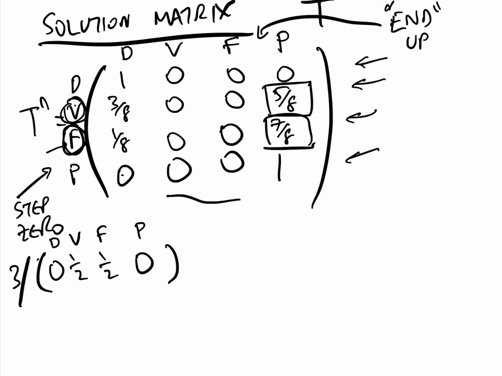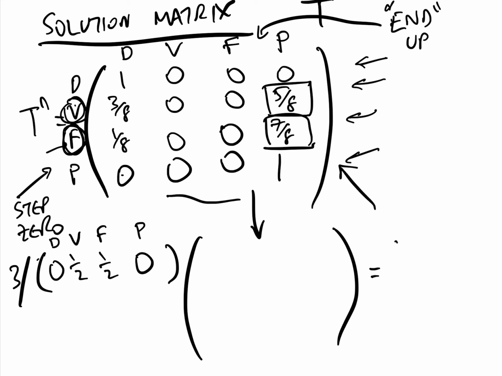And this is question number 3. That's the probability row vector. And again, if you were doing this the other way, you would actually multiply by the column vector, and we multiply that by this solution matrix.